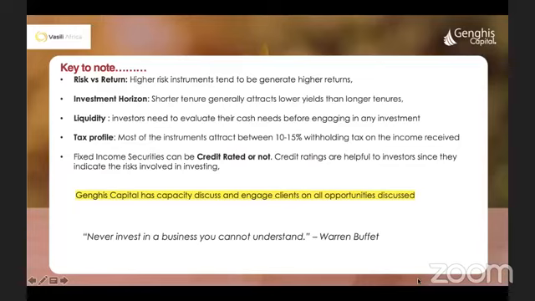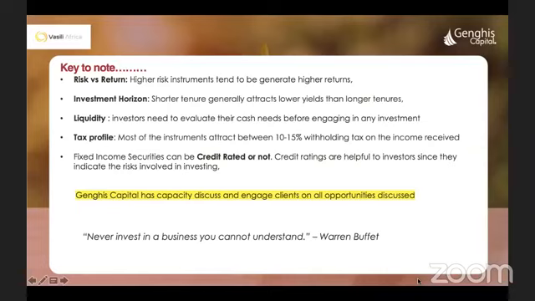So the longer the duration, the longer the investment horizon, the longer the tenor, the higher the yield should be. So when you are trading, be aware of that. Ensure that the prices being quoted compensate you for everything.